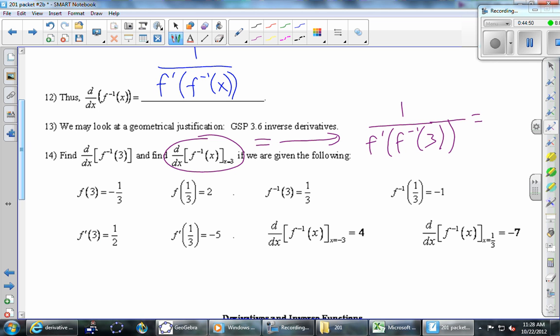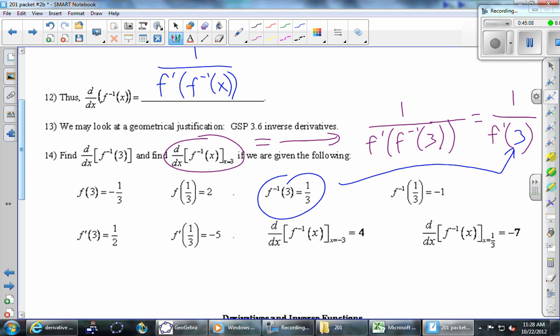All right, so let's give this a shot. This says 1 over f prime of f inverse of 3, it's in there, in the sea of numbers. f inverse of 3 is a third, right? You see it? So f inverse of 3 is a third, so that's what goes right there. So this problem is asking now for f prime of 3. Nope, sorry. You guys should tell me when I'm lying.